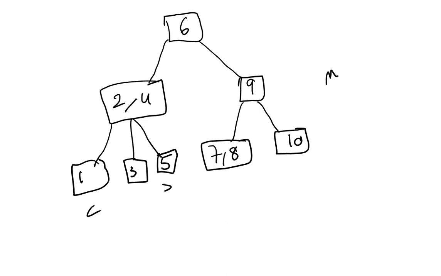Here, what is the minimum? This node consists of one element and this consists of one element. Each and every node apart from the leaf nodes has one element. That is called the minimum.